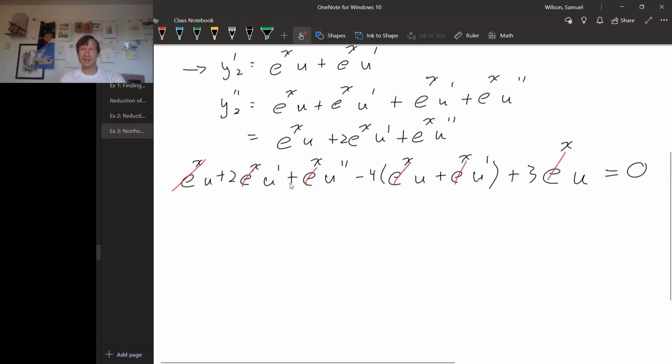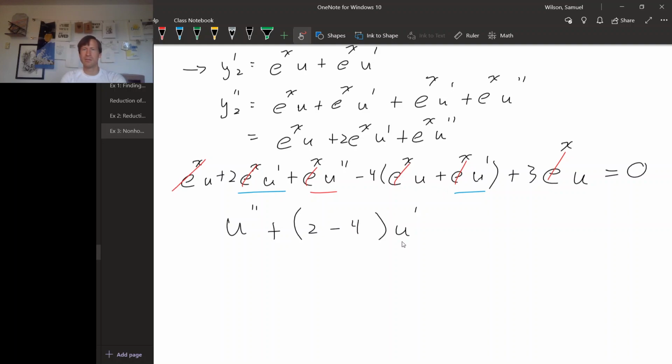Okay, and then let's gather up all of our u double prime terms. There's only one of them right here. So that gives us u double prime. Now let's gather up all of our u prime terms. There's two of them, there and there. So we get 2 u prime and then a minus 4 u prime.